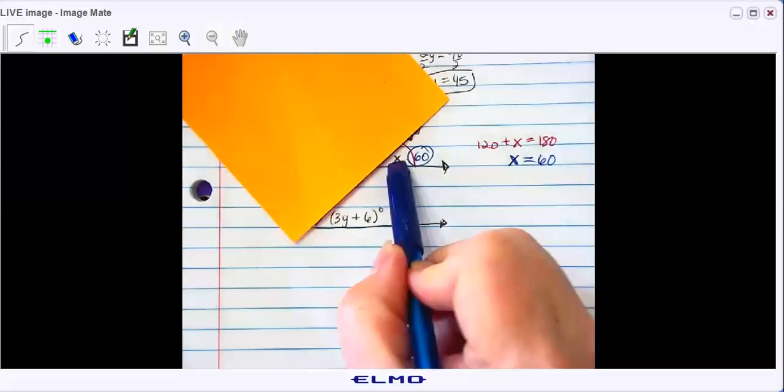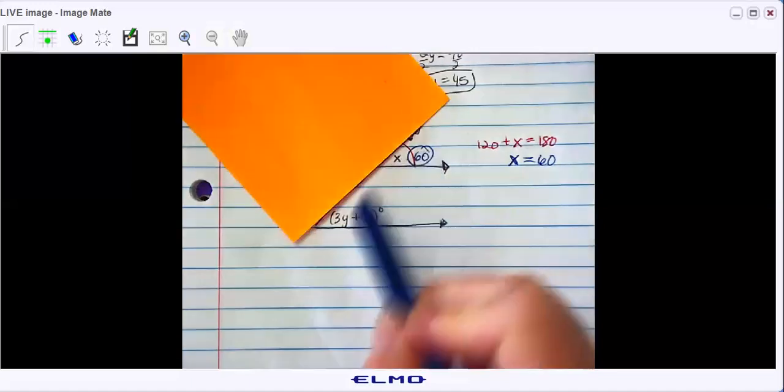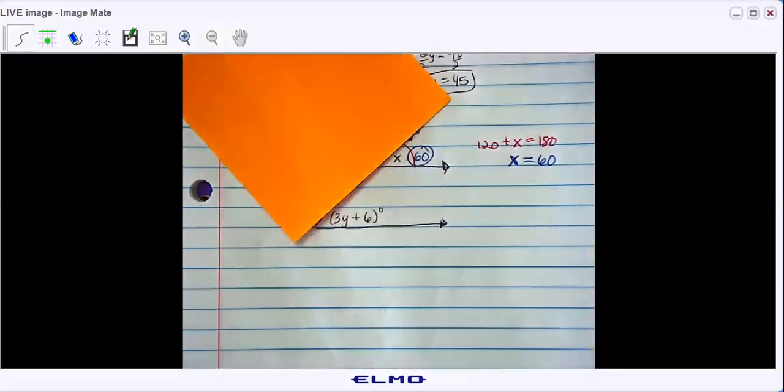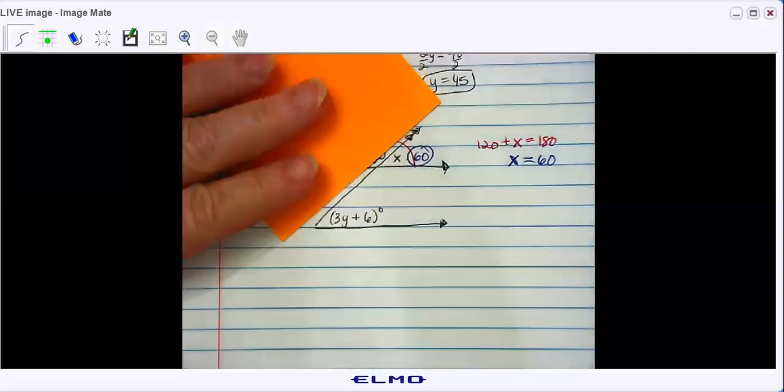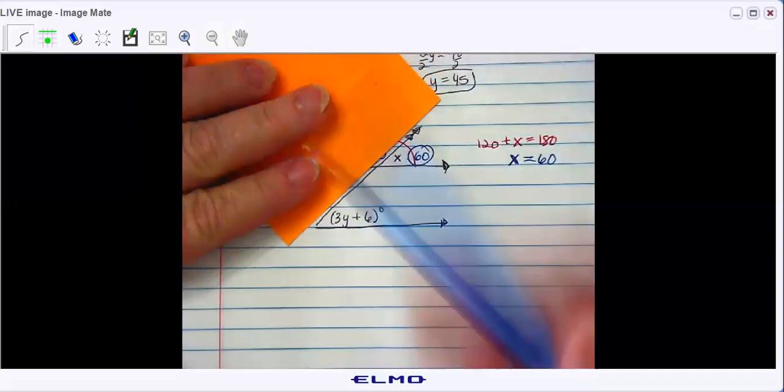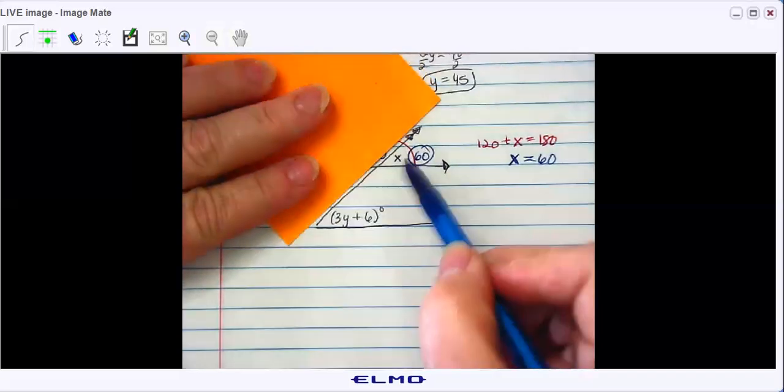So does this angle of 60 and this angle of 3y plus 6 have a relationship that we can name? First question, are this angle and this angle in between the two parallel lines?